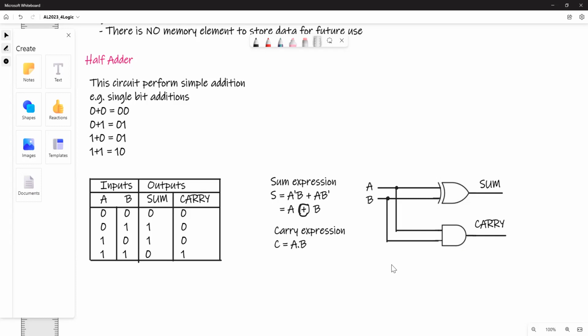Now, the second one, right? So this is a combinational circuit. I told you this represents the combinational circuit.